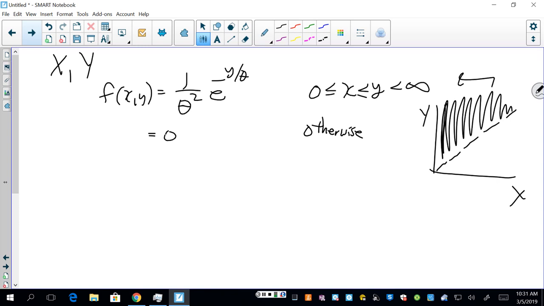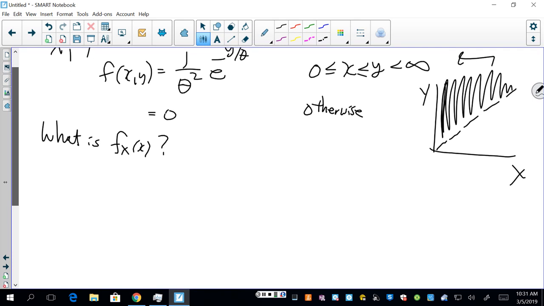What is the marginal distribution of x? What does the density of x look like? Well, to find that, we're going to integrate the joint density of x and y over a space and get rid of y.